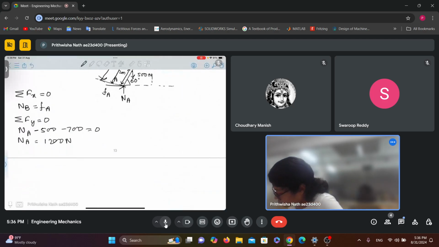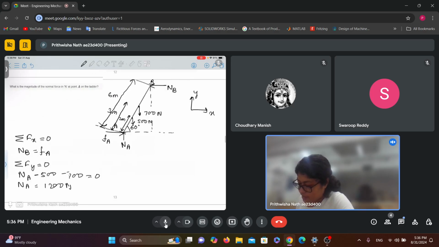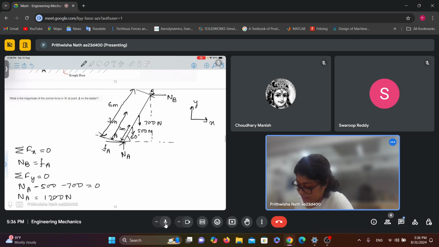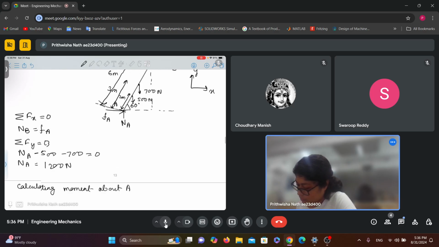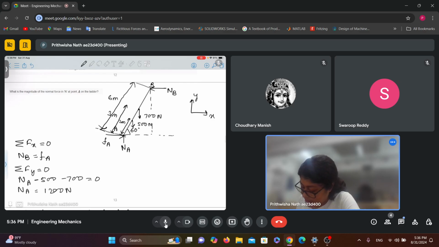Now we need to find NB, that is the reaction normal force at B. So calculating moment about A. So what is this distance?